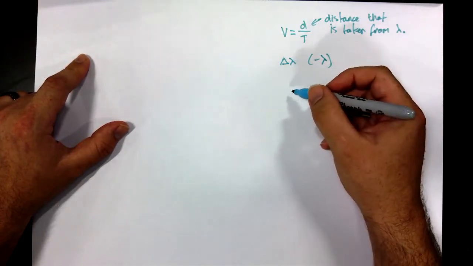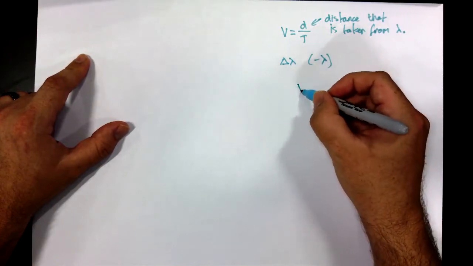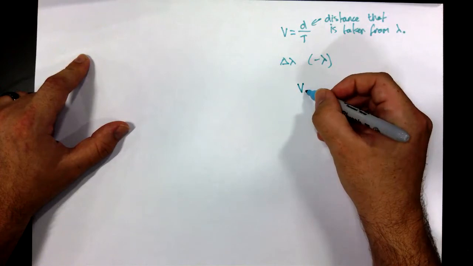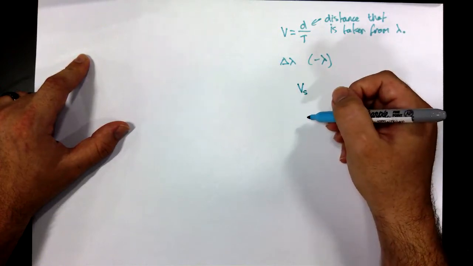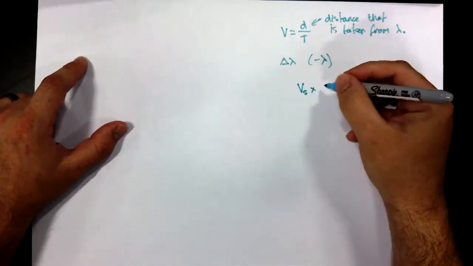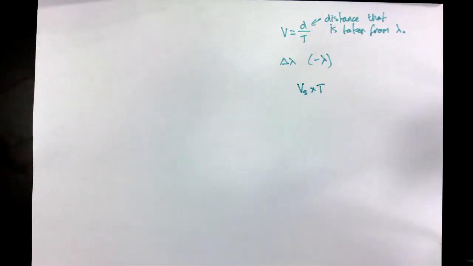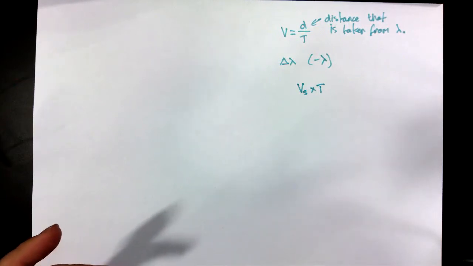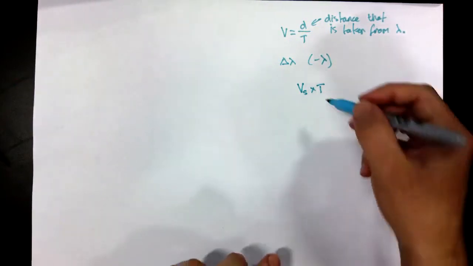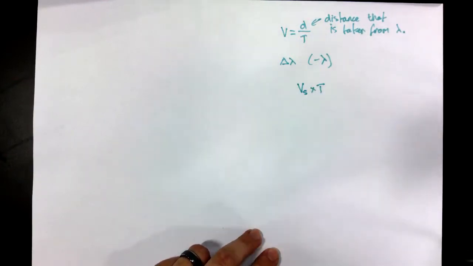So the amount by which it's decreased is the velocity of the object times the time period. It's very pertinent to note down that this is the loss of wavelength here, for the purposes of our little derivation that we're doing here.